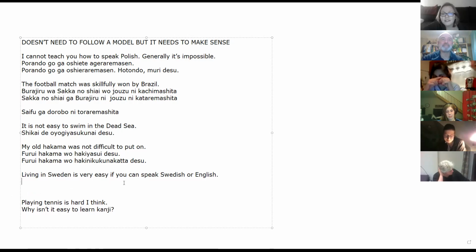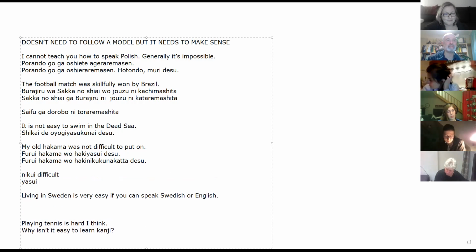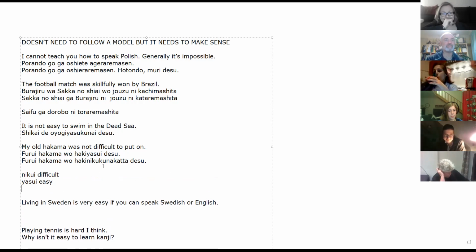One question. In the sentence Furui hakama o haki ni kukunakatta, where's the easy or not easy? Nikui is difficult. And Yasui, of course, is easy. And as Joel said, you might find it easier to use not Nikui, but Tsurai. Haki tsurakunakatta.